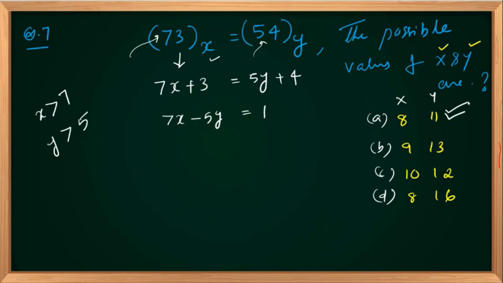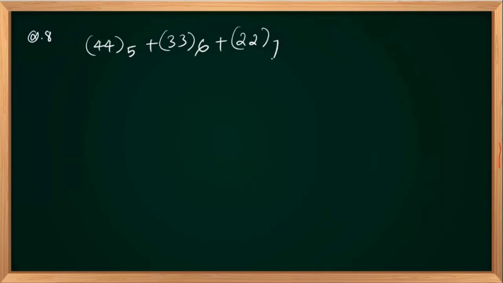Right, so let us have another one. Another one is a direct problem, question number 8. 44 base 5 plus 33 base 6 plus 22 base 7 plus, let us say, 11 base 8 equal to xy base 10.